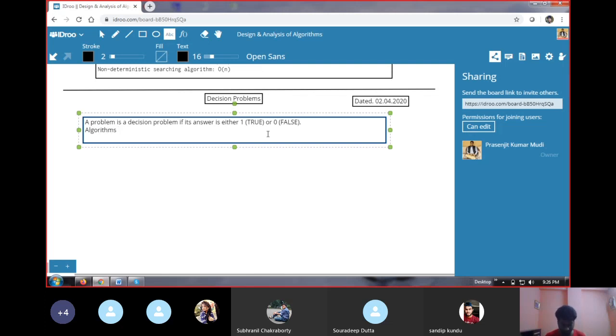Algorithms which solve decision problems are called decision algorithms.